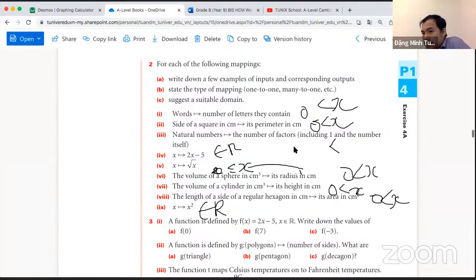You got it? Okay. So now, what about the second one for question 3?